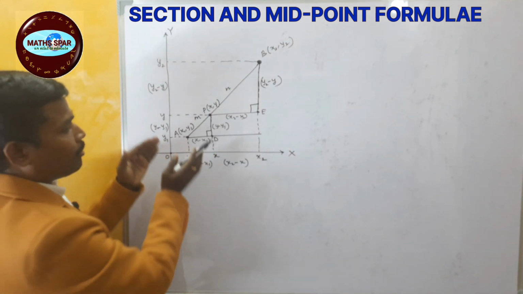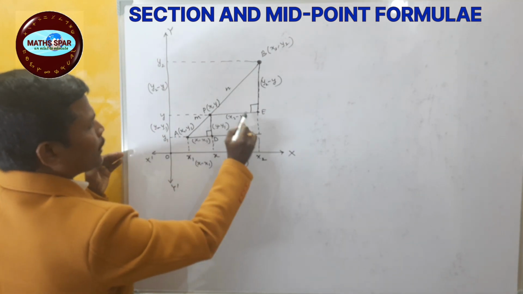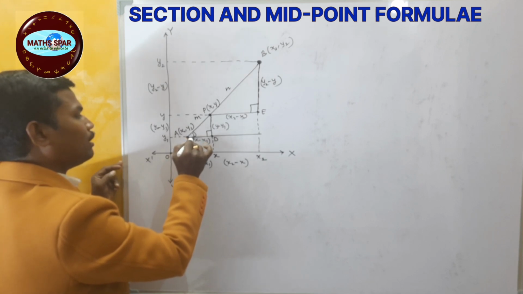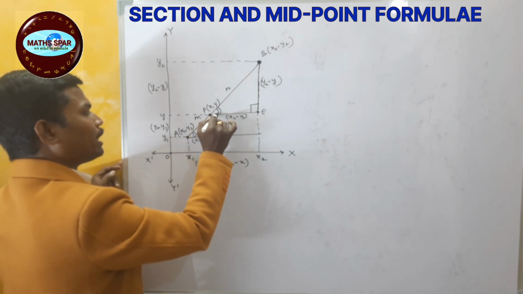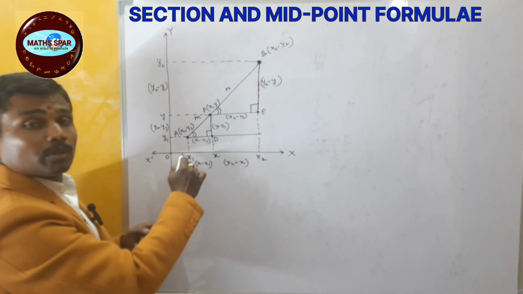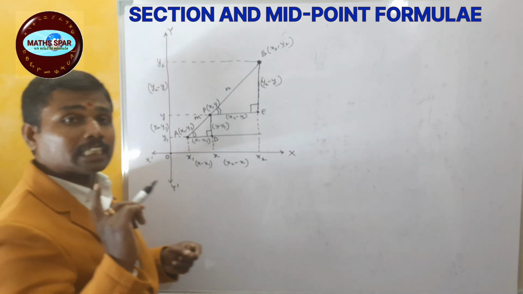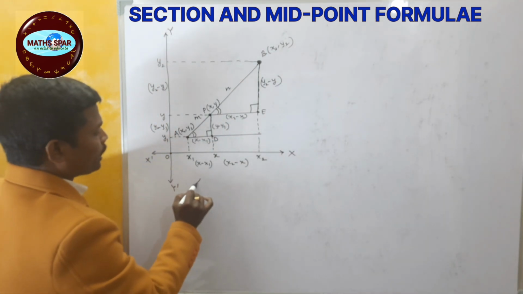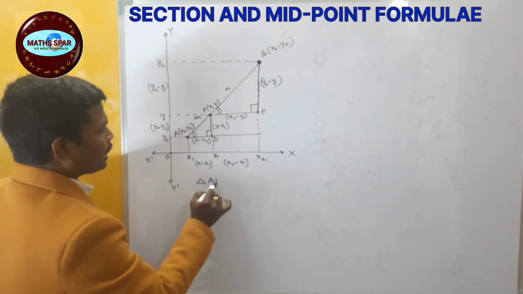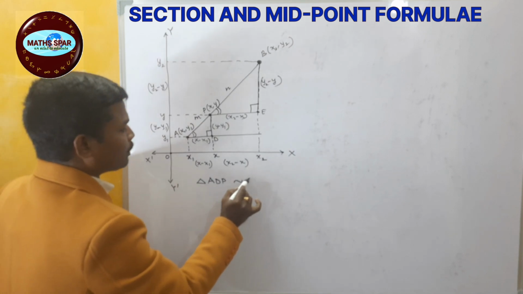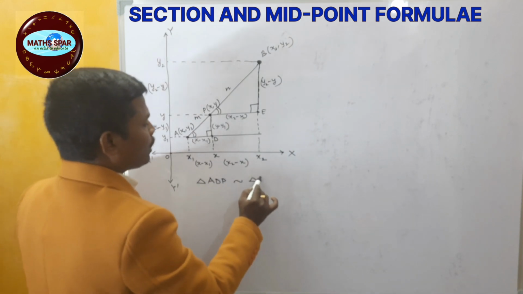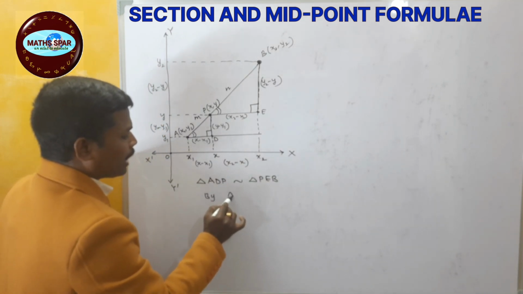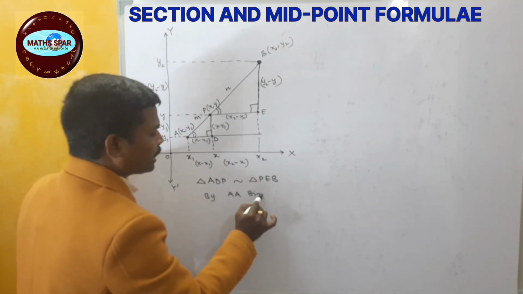Now if you observe, because these two lines are parallel and this is acting as a transversal, the angle at A and the angle at P are equal because these two will become corresponding angles. Then we can write that triangle ADP is similar to triangle PEB by angle similarity.